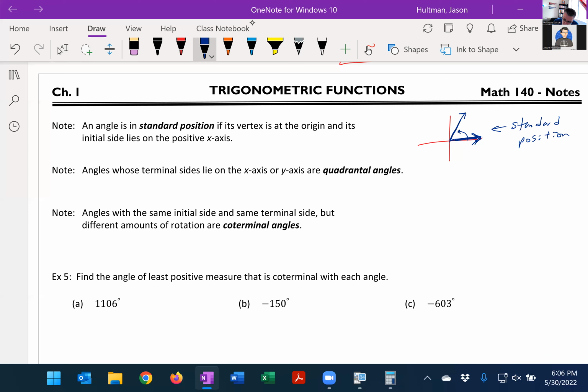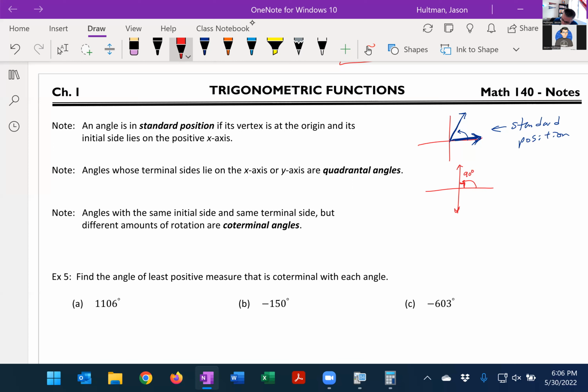Okay, and angles whose terminal side lies on an axis are called quadrant angles, and there are 4 of those quadrant angles. So if we start here and we go to a quadrant and it lies on an axis, let's talk about the first y-axis it hits, then this is a 90-degree angle.